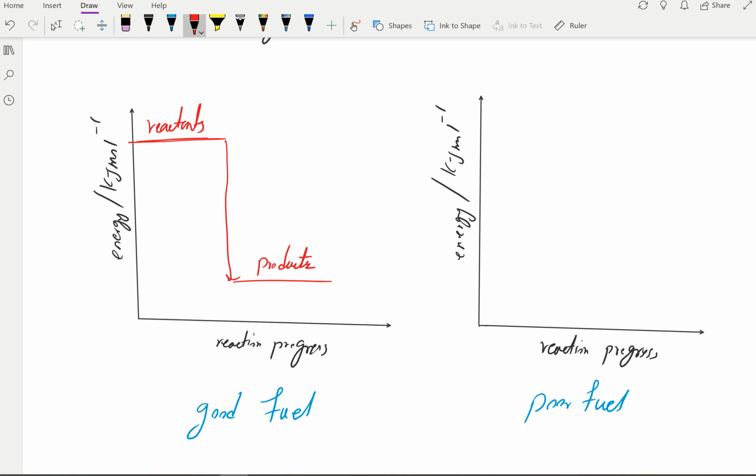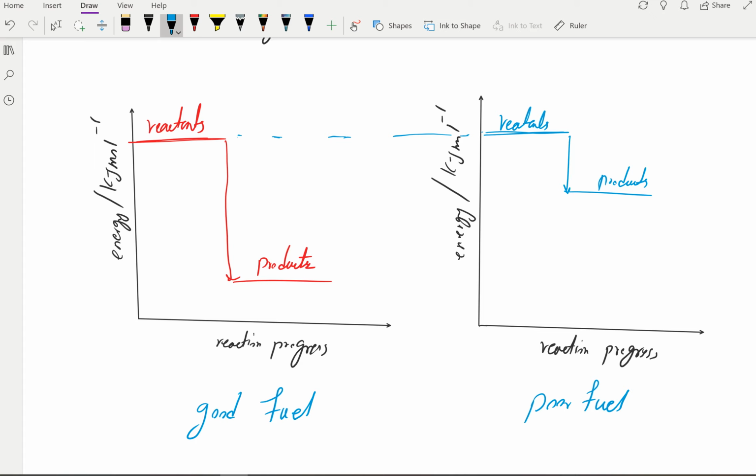So you can see a lot of energy is released here. If we want to compare it with the poor fuel, let's say the energy level of the reactants is the same for both cases. The amount of energy which is released here is very small. Okay, so here is reactants, here is products.